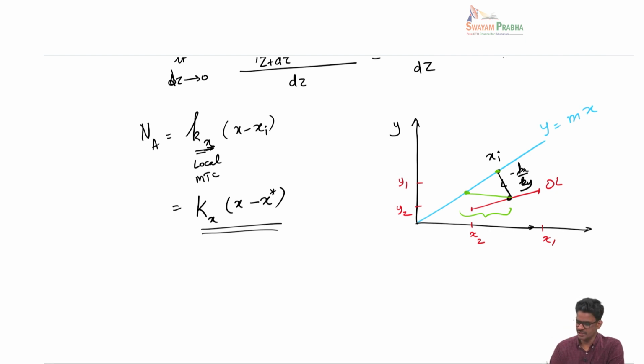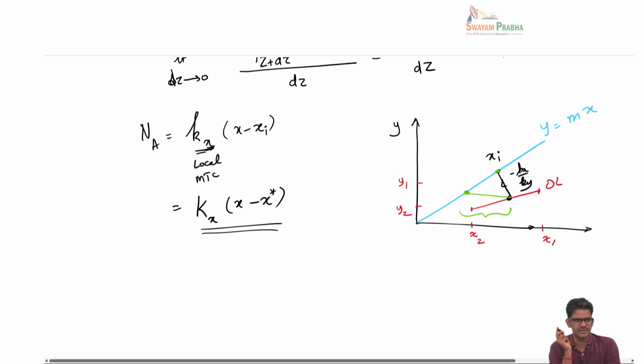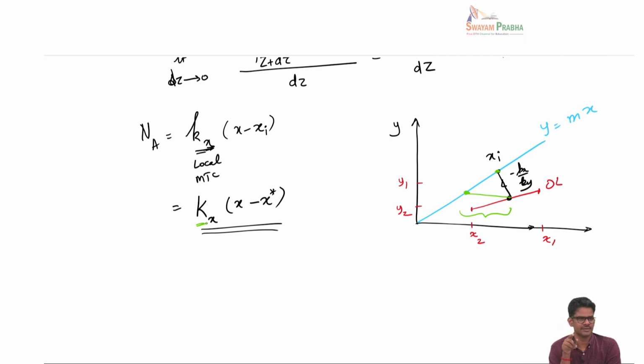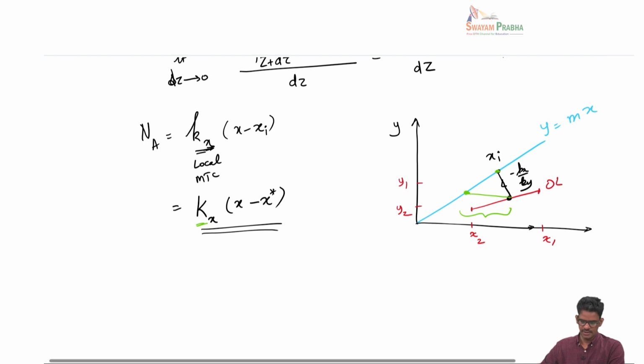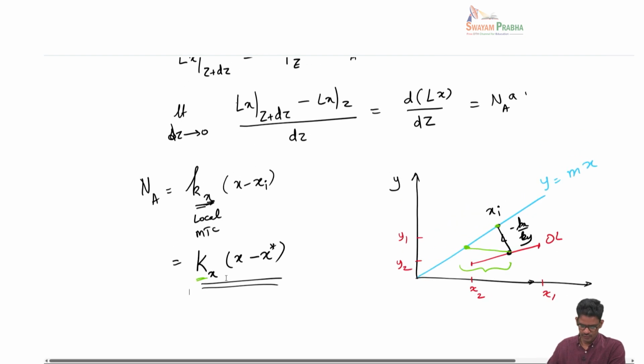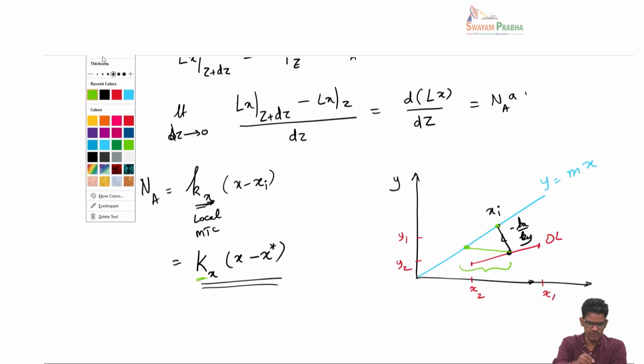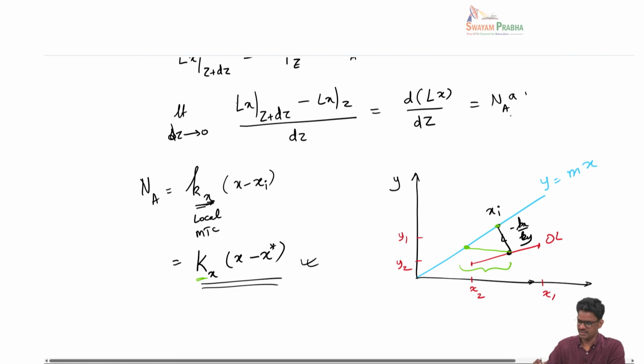If you are going to use the equilibrium composition x star as the overall driving force, you are going to use the overall mass transfer coefficient accordingly. Okay, is it clear? We have done this before, switching between the local mass transfer and overall mass transfer coefficient. Okay, so now we will go with this particular overall mass transfer coefficient approach and then substitute here.